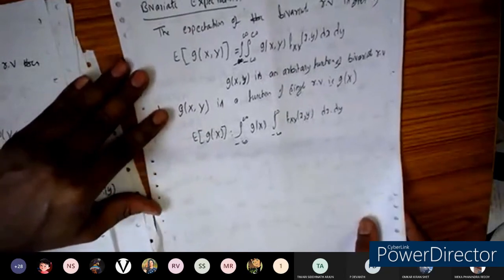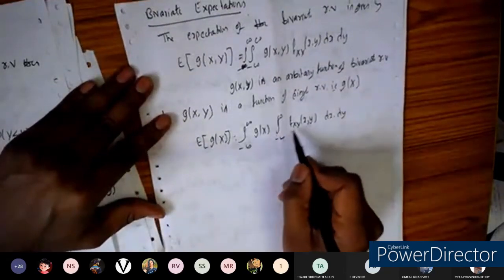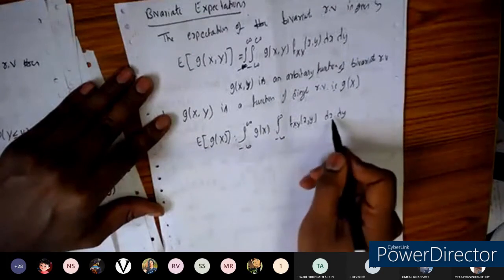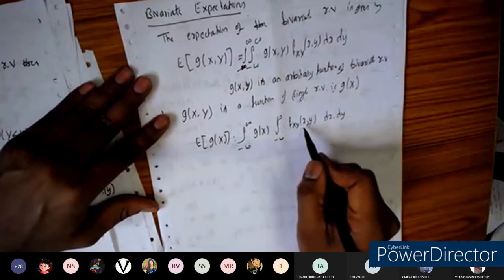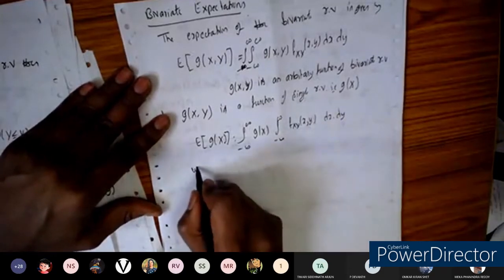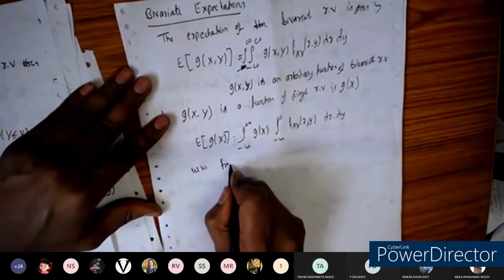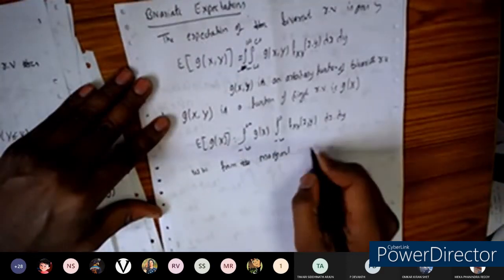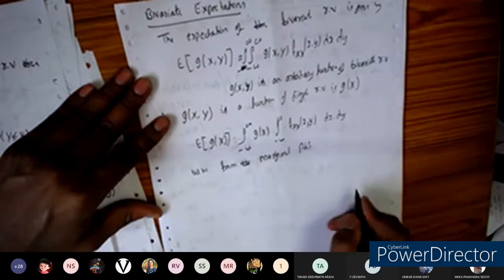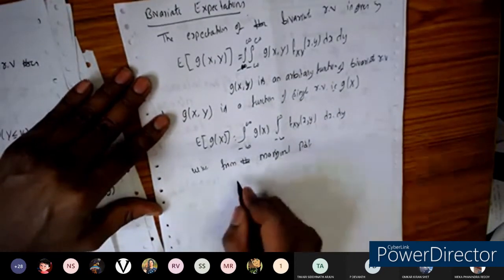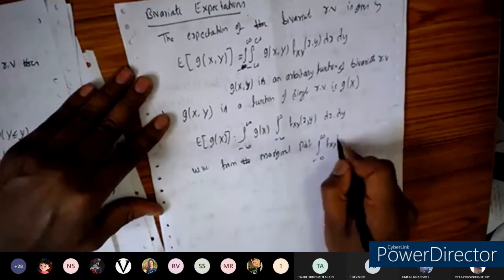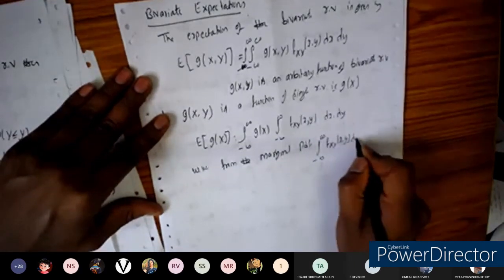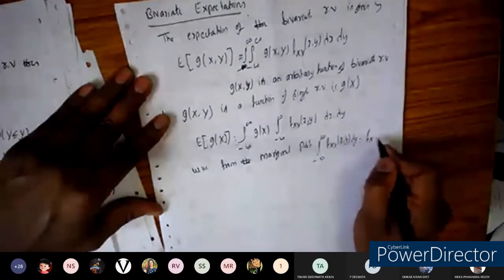Right now we know the integral from minus infinity to plus infinity of f_XY of x comma y, so dx belongs to this integral and dy belongs to this one. From the marginal PDFs, the integral from minus infinity to plus infinity of f_XY of x comma y into dy can be written as f_X of x.